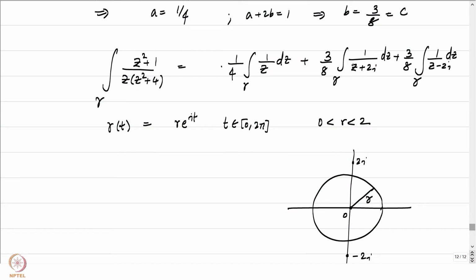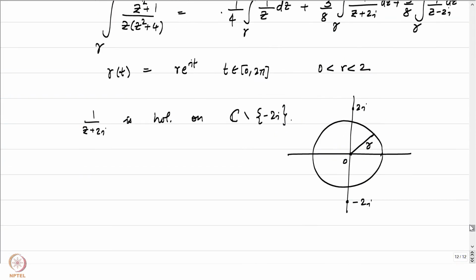Let's focus on 1/(z + 2i). It is holomorphic on C minus the point −2i. It's away from this point that I'm just going to mark in green.